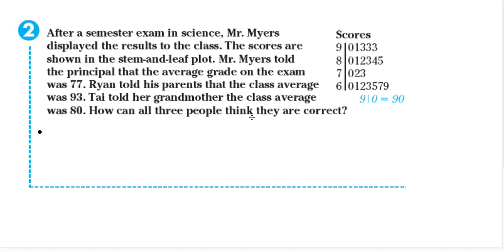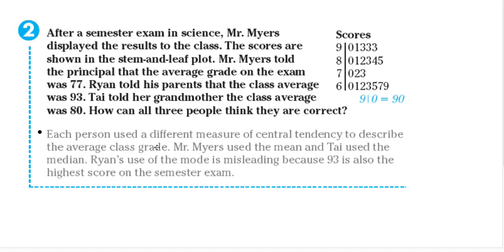How can all people think they are all correct? Well, they used different measures of central tendency. Each person used a different measure. Mr. Myers used the mean, Tai used the median, and Ryan used the mode.